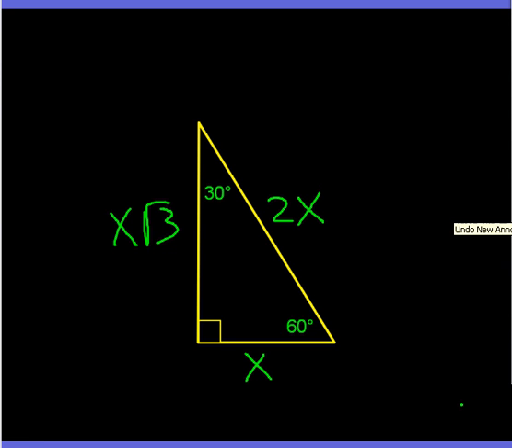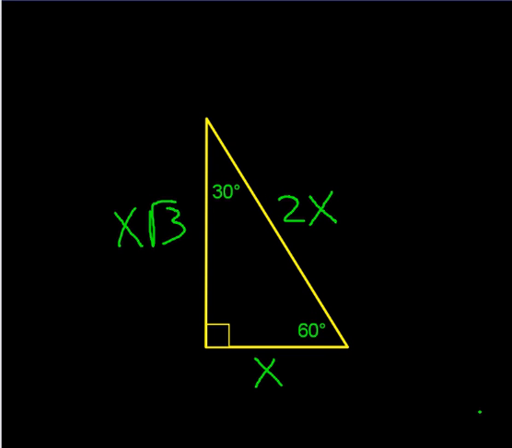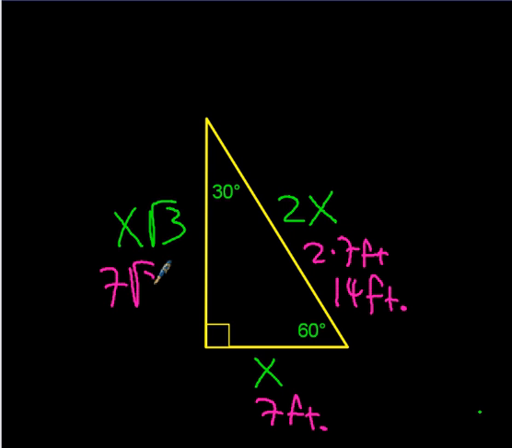If this was 7 feet, then this is 2 times 7 feet, or 14 feet for the hypotenuse. And over here, it's 7 times the square root of 3 feet. No problem. Just got to remember it.